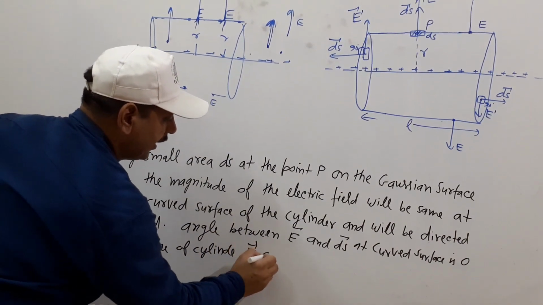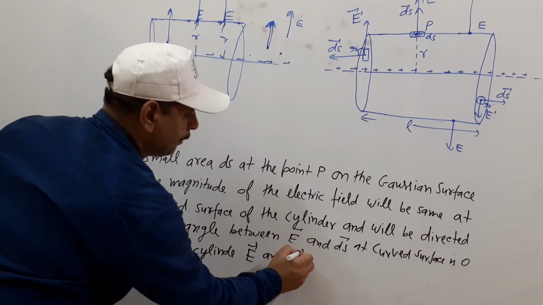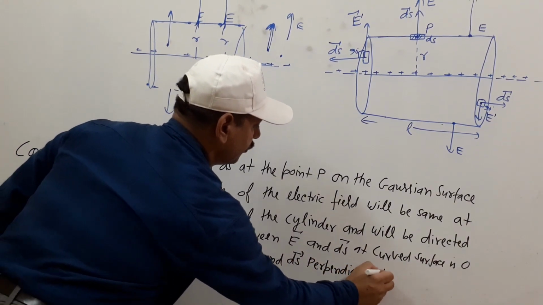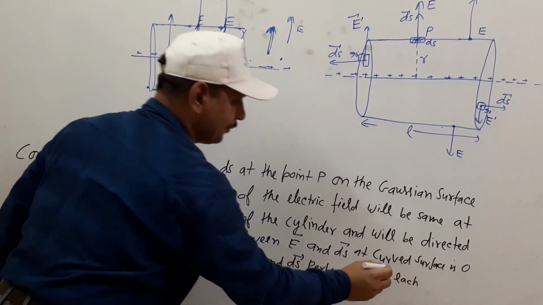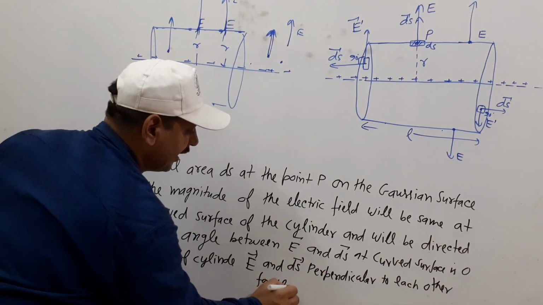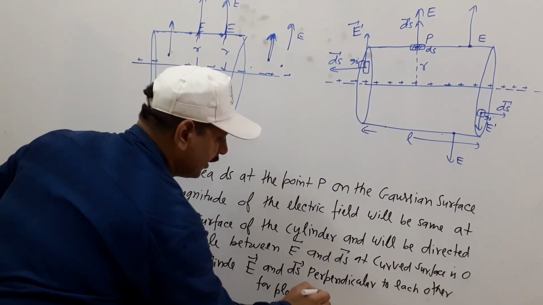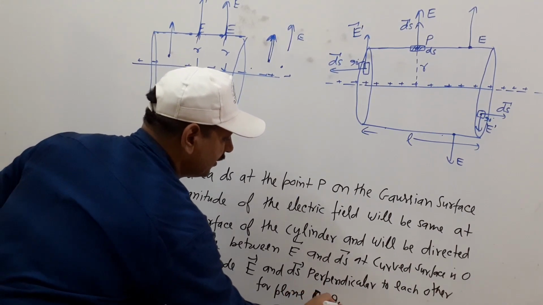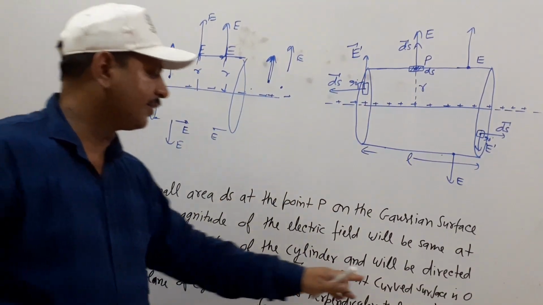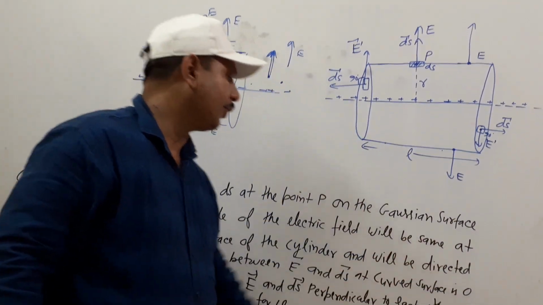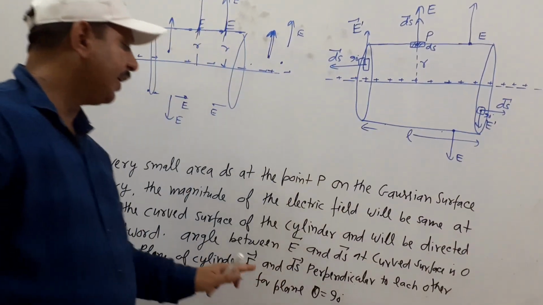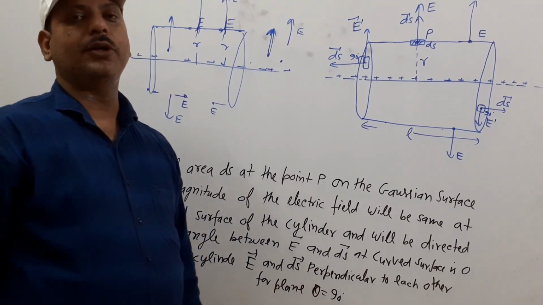So for plane surface, what will be the angle? For plane, E and ds, theta is equal to how much? 90 degree. So see here, for curved surface E and ds are parallel to each other, theta is equal to how much? 0. And for these two planes E and ds are perpendicular to each other, theta is equal to 90 degree.